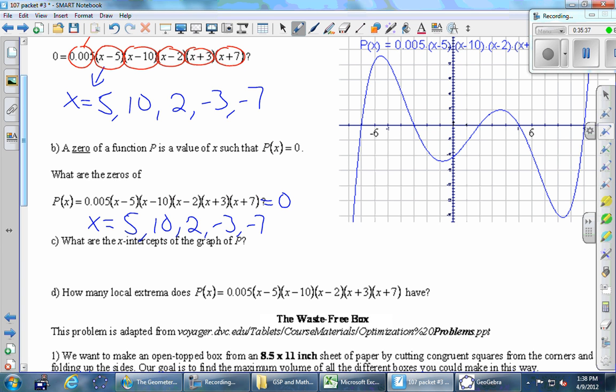Now we're actually going to do something in C. Let's go to Taylor. Okay, so I've graphed P for you right there. Go ahead and grab the x-intercepts, write them all down for me.